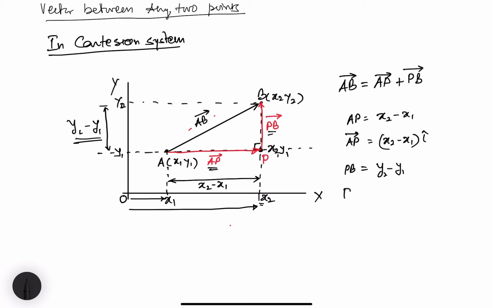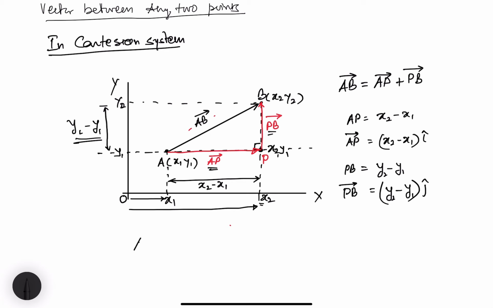Correct? So what is the vector PB now? You need direction. You have got the magnitude. Now this is along the y-axis. So you take the unit vector along the y-axis and multiply. So what do you get? (y2 minus y1) into j cap. Correct? So what do you get now?